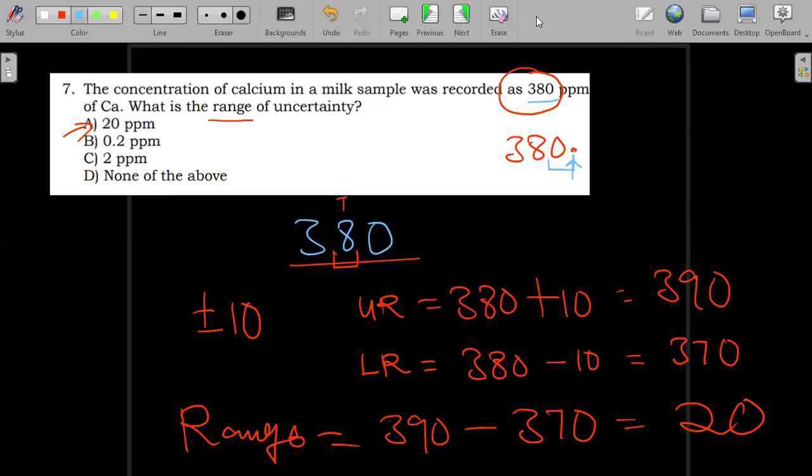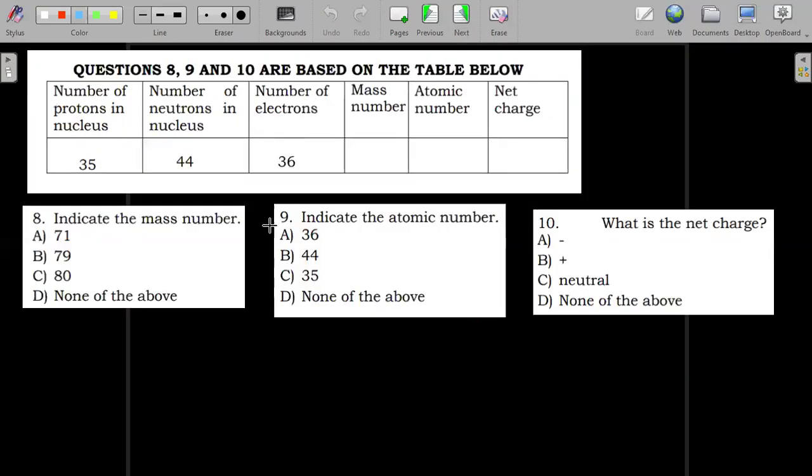Okay, let's look at the last three questions here. These are on atoms and their subatomic particles, electrons and so on. So what you need to know is that a neutral atom, meaning an atom without any charge, contains an equal number of protons and electrons.